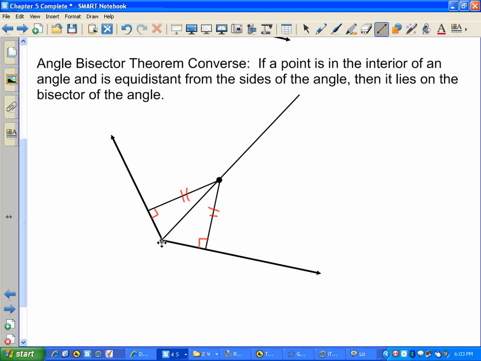Because I would have two points, since the vertex is always on your angle bisector, I would know that this is the angle bisector from the angle bisector converse, which would allow me to mark these angles congruent. Okay, and that covers the first section of chapter 5.